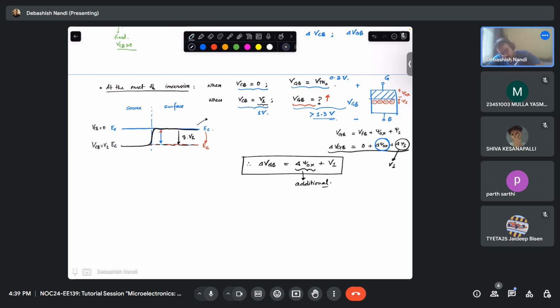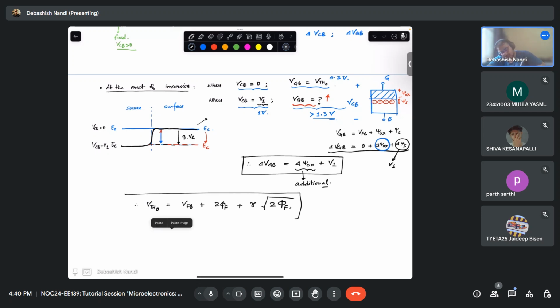Your VTH new is now what? What was your earlier threshold voltage equation? By the way, it was VTH0 plus gamma root over 2 phi f, right? This was your old threshold voltage equation.